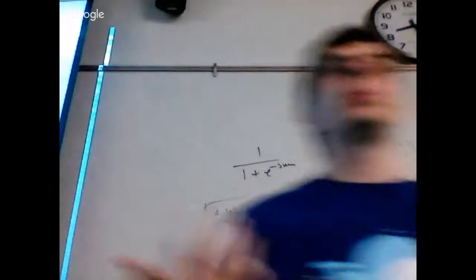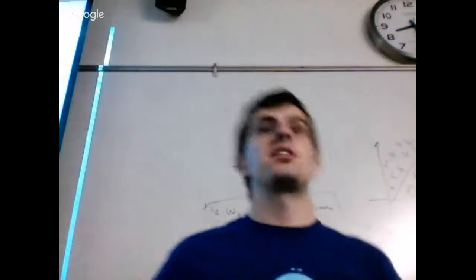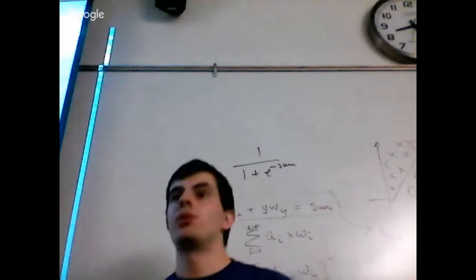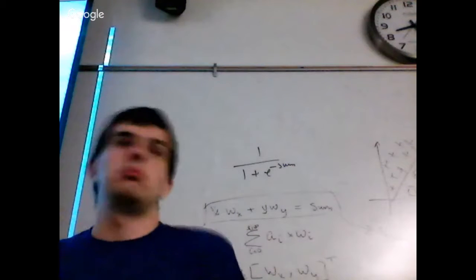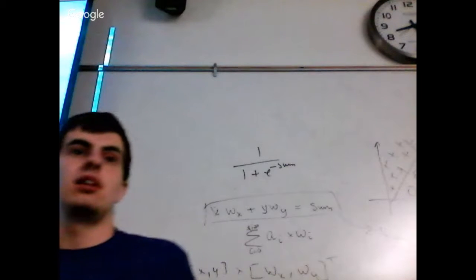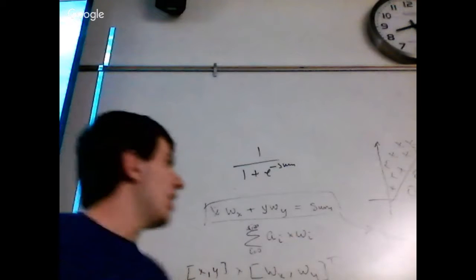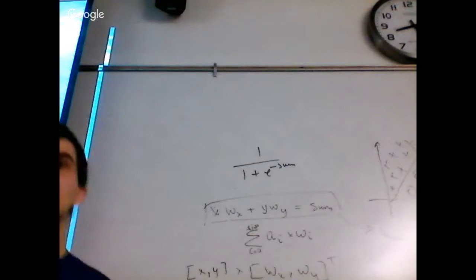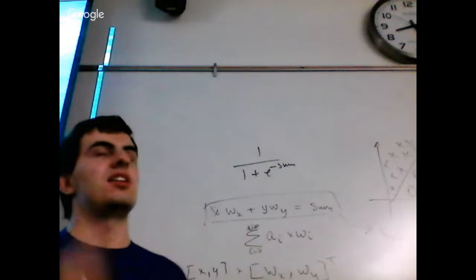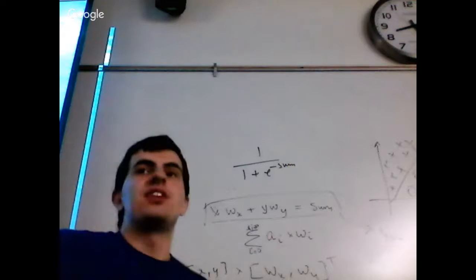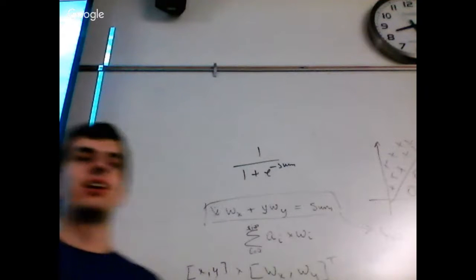Now, how do we make this neuron learn? That's the most important part, because so far we've just been picking random stuff. We haven't really made it learn anything. Trial and error is one way. Yeah, kind of. Trial and error is one way to do it, and the actual way it's done is very close to trial and error.